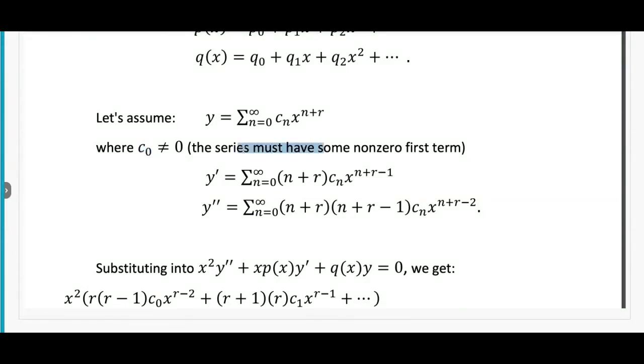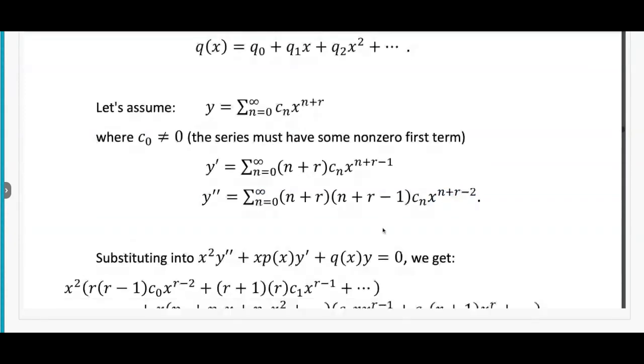We want the series to have a non-zero first term. So we differentiate this. y prime is n plus r times Cn x raised by n plus r minus 1. y double prime is n plus r times n plus r minus 1, then Cn x raised by n plus r minus 2.